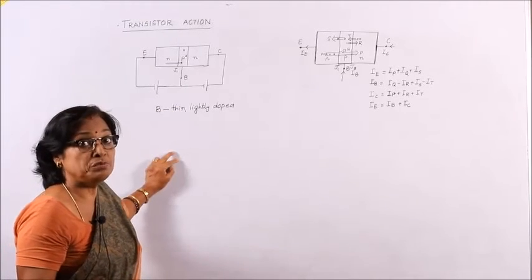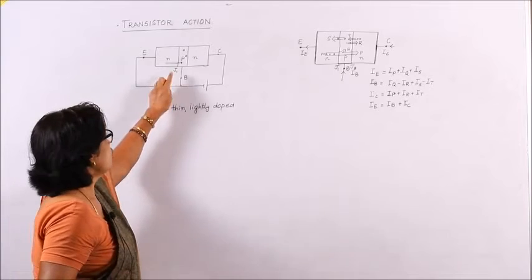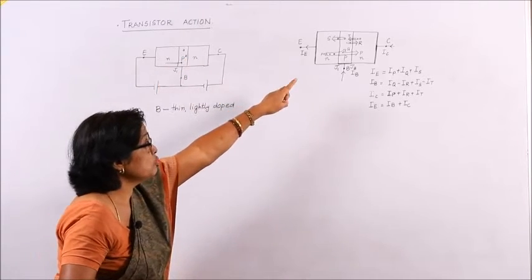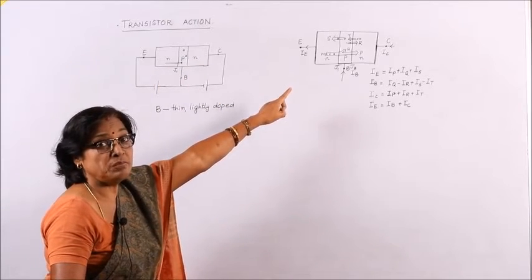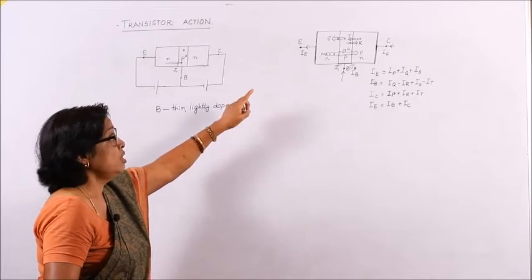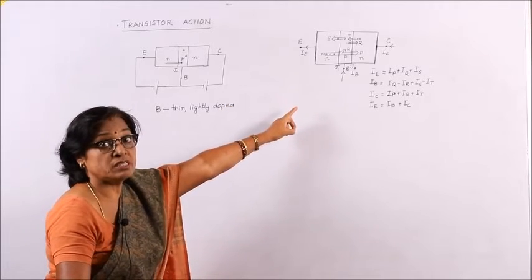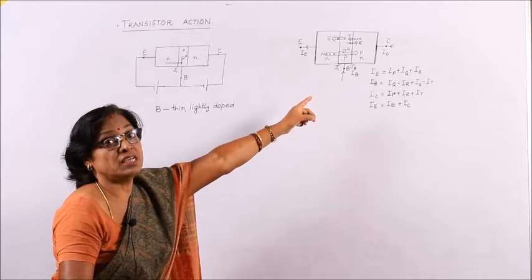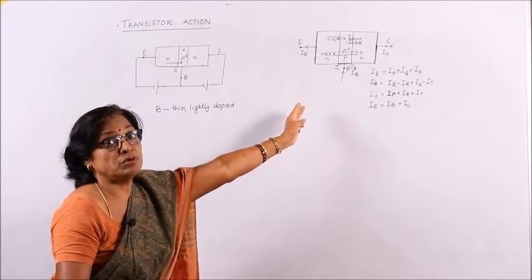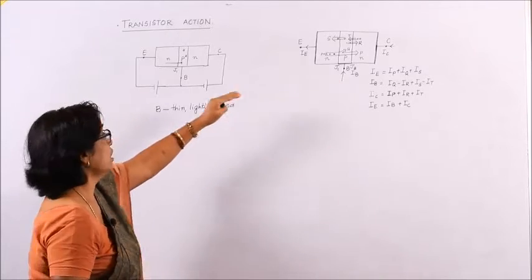So, only a few of them will recombine here. That is what I have shown as q. Q is a very small number in comparison to p plus q. Let us say p plus q is 1006, then only 6 of them, q equal to 6, recombine and 1000 of them will go to the collector.